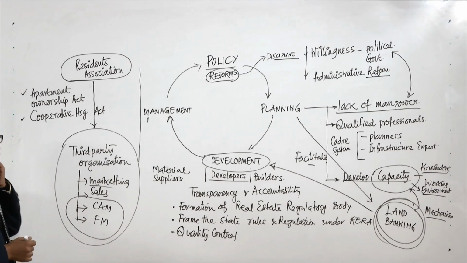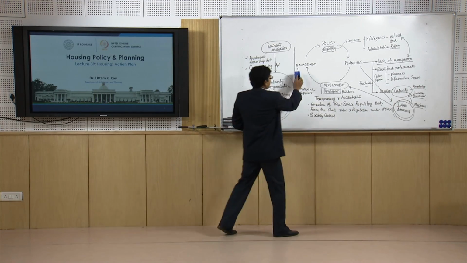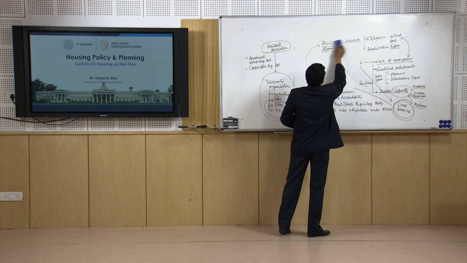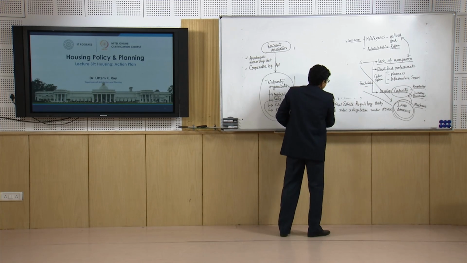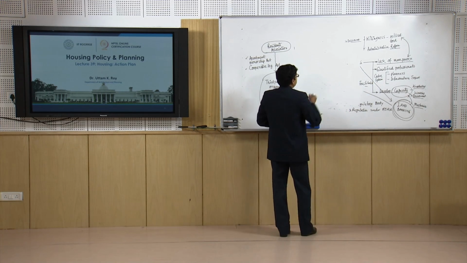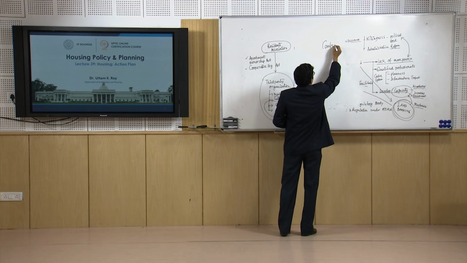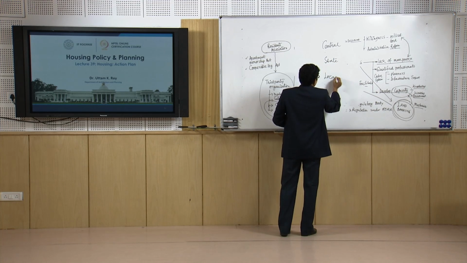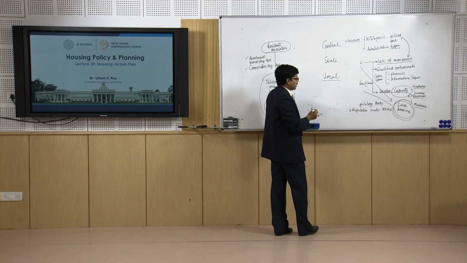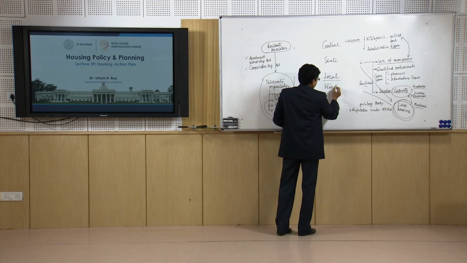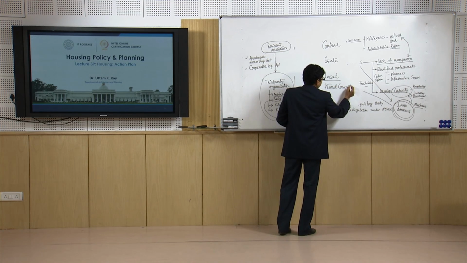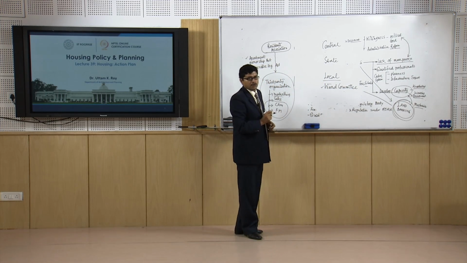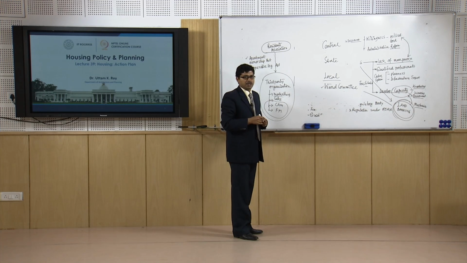Another important part is the overall governance scenario. We discussed that we have a three tier governance structure in our country: central government, then state government and local government. In urban areas, it is basically the ward committee, which consists of representation from various sectors of society.